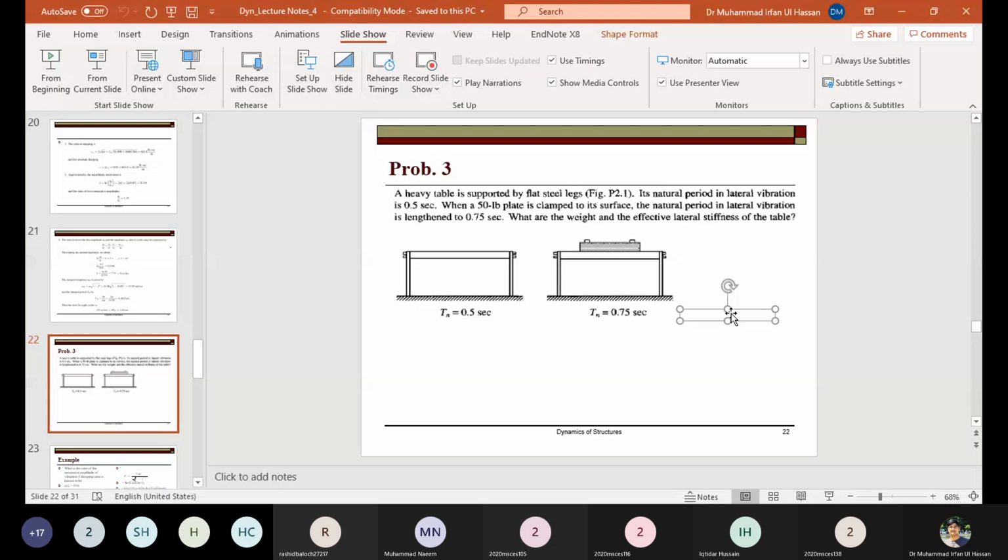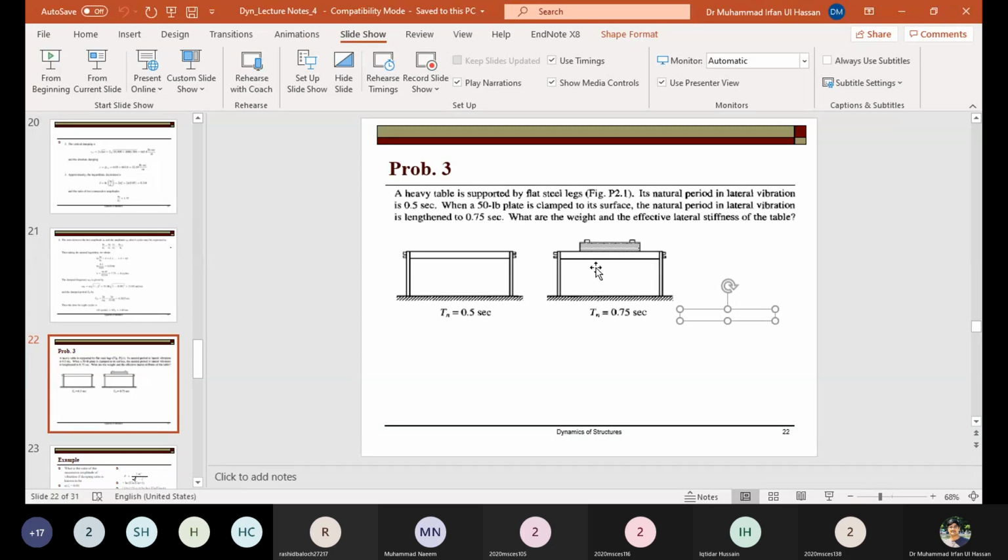Actually, I can send you the solution. One equation you will make with the time period, that is 2 pi times root of m over k. So Tn is 0.5 and m is unknown, and the second time you add the mass of 50 pound.